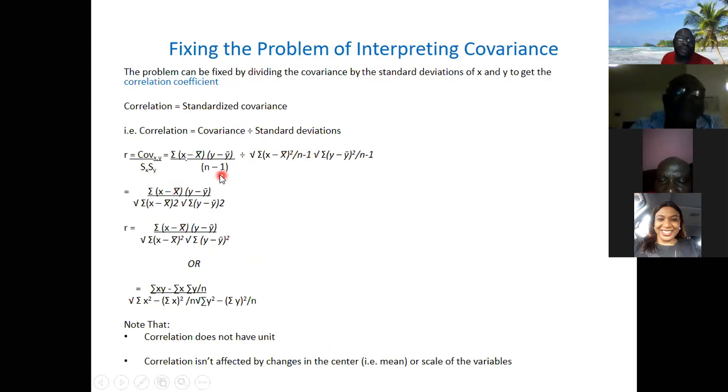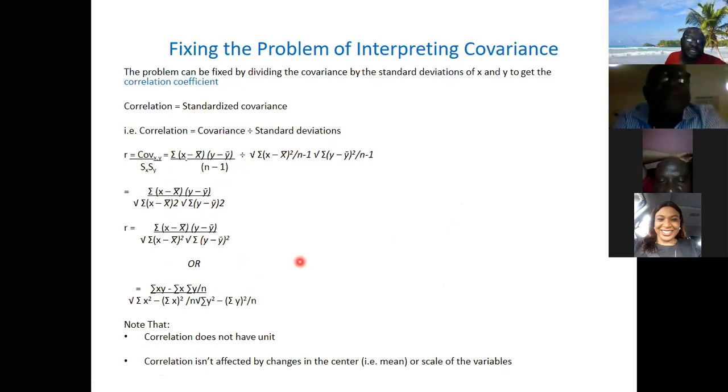Look at the formula for covariance we used here. You divide by the standard deviation of X and Y. When you arrange it, it gives you this, which is the correlation. The issue about it is that it has cancelled out the units.